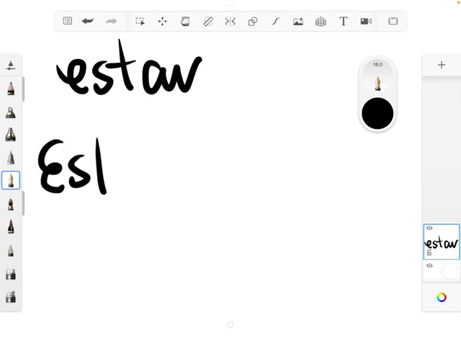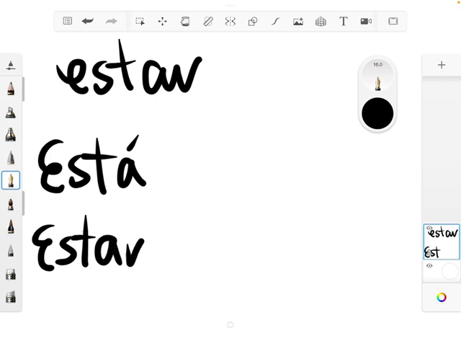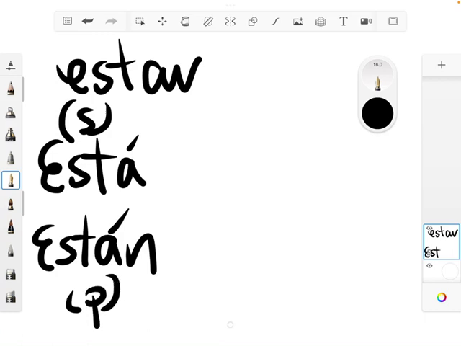So you would use a form of estar, está or están, depending on whether it's singular or plural. And then you'll use one of the following phrases. Al lado de, which means next to or beside. A la derecha de, to the right of. A la izquierda de.